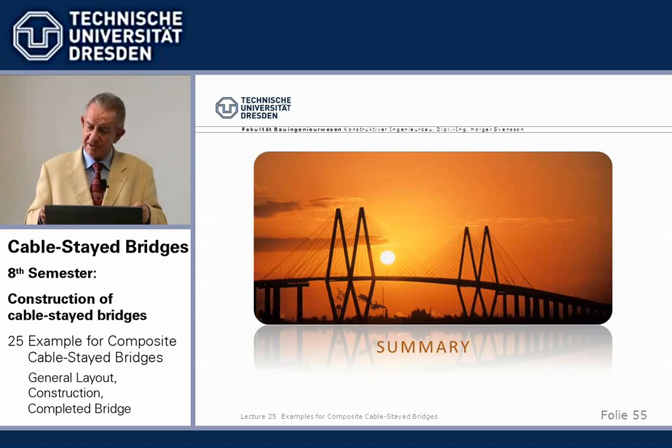The advantage is we can do it in one go. On the other hand, we have then to use formwork for the deck, and we have high shrinkage and creep.